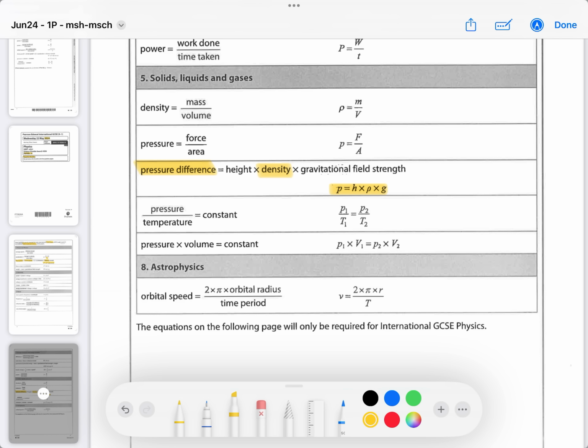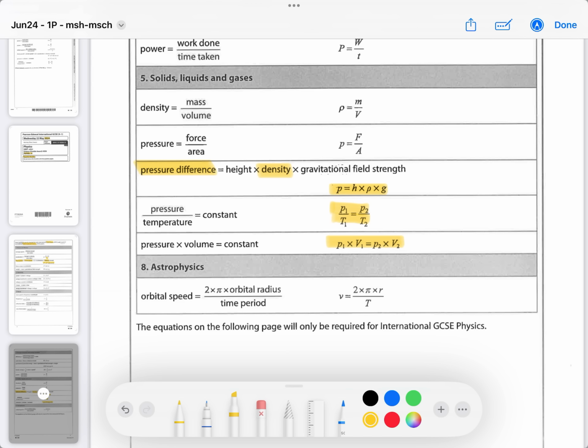For example, in the ocean, the fish are underneath a certain depth of water, so it adds to the atmospheric pressure above the water. Boyle's law, pressure times volume is a constant, P1V1 equals P2V2, and the pressure law, where pressure divided by temperature is a constant if you do it in Kelvin.